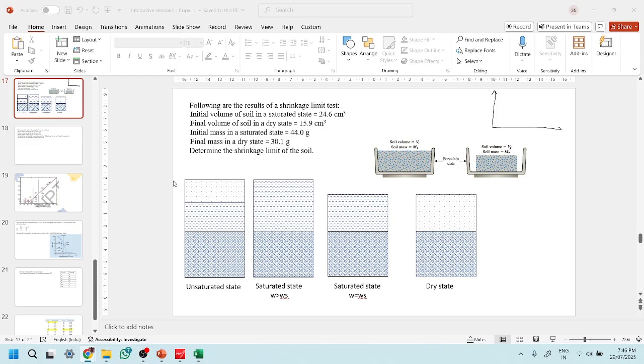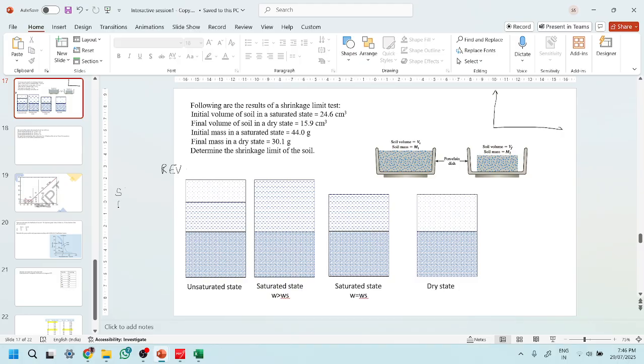So if we take a representative element volume, we can say REV here, it will have this, called the three-phase diagram, in which we have a solid part, then we have the voids.